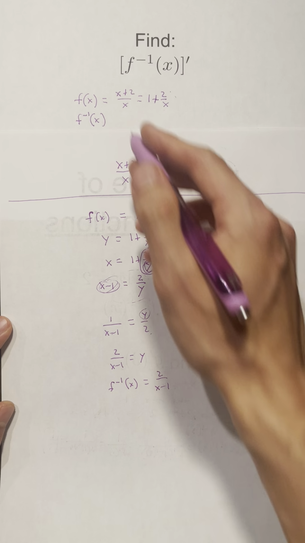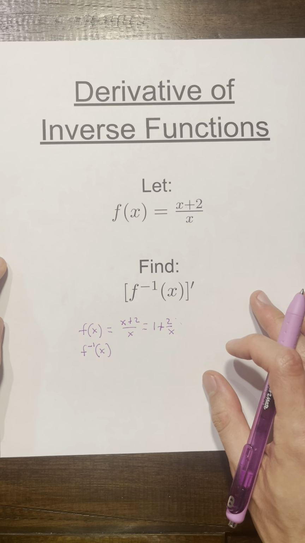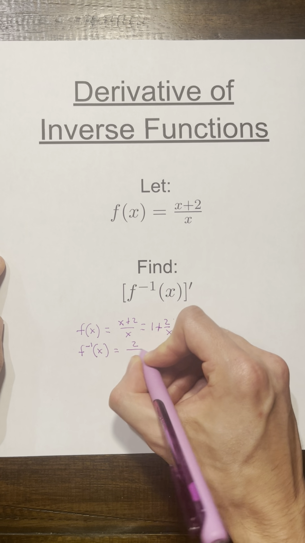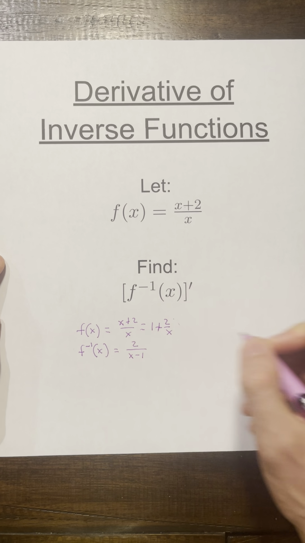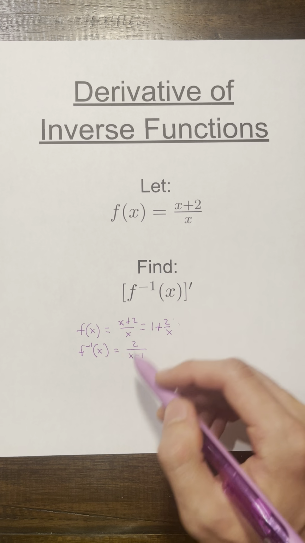Let's go ahead and write that down here. So f inverse of x is equal to 2 over x minus 1. What do we need to do next? We need to take the derivative of this.